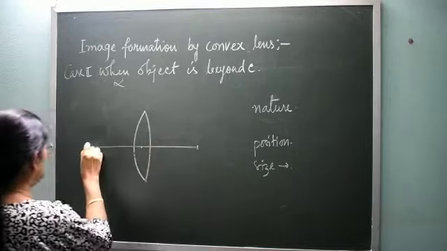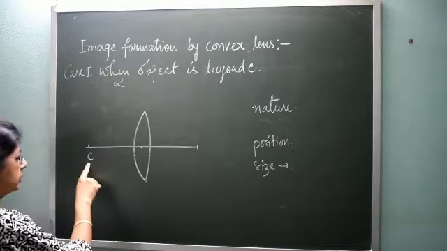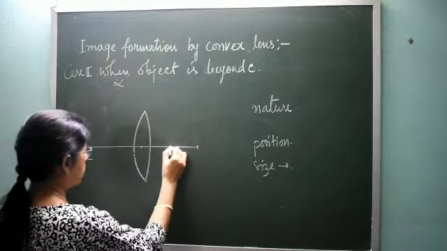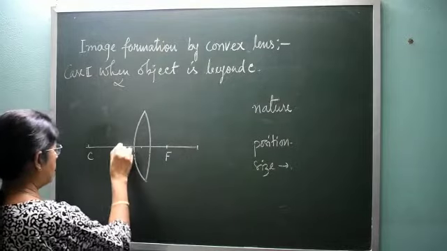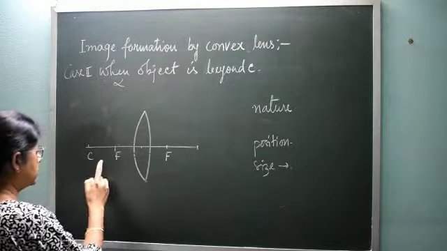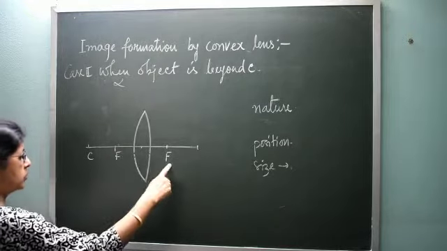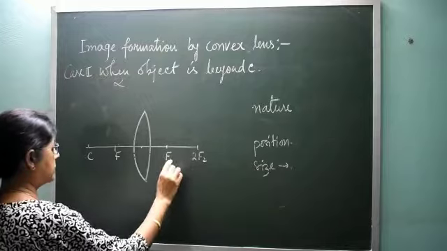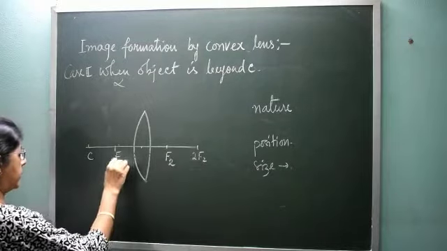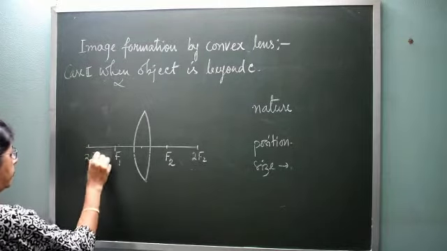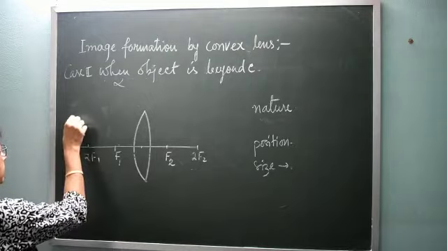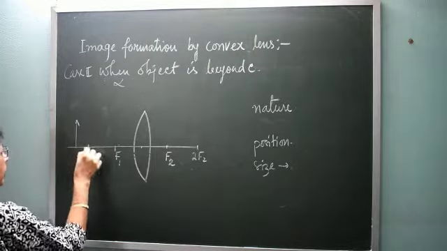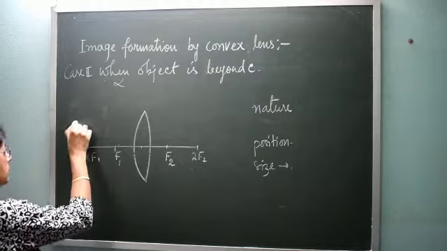These are the 2 centers of curvature, first and second. Then this is one focus and this is another focus. Generally we mention focus 1, focus 2, then twice of F2 and twice of F1. Same thing you can write as you like. Now the object is lying beyond C, or twice F. Same thing.